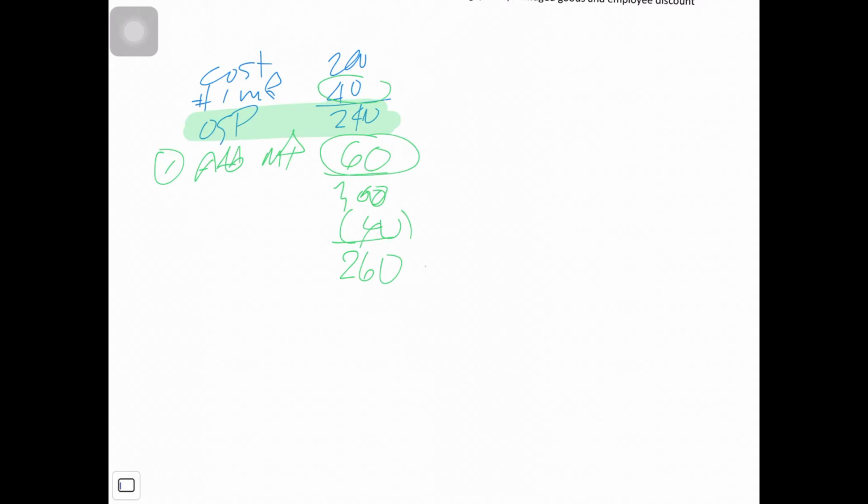However, your 260 is still higher than your original selling price. 260 is greater than 240. So even though you deducted 40, it is not a markdown. It is a markup cancellation, because it is still higher than your original selling price.